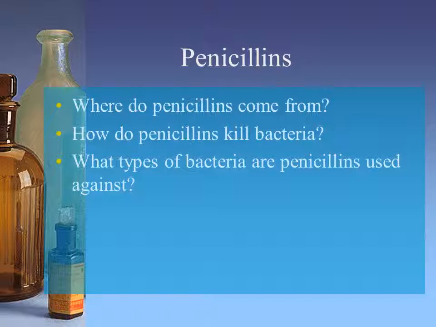So now, how do they really work? Penicillins themselves interfere with the bacterial cell walls. They cause the cells to burst. There's this substance called beta-lactam, and beta-lactam binds to the enzymes in the bacteria that are necessary for creating the cell walls.